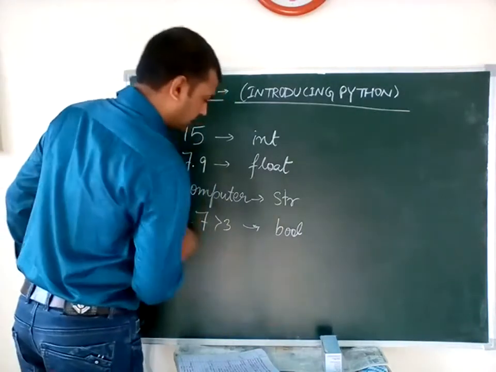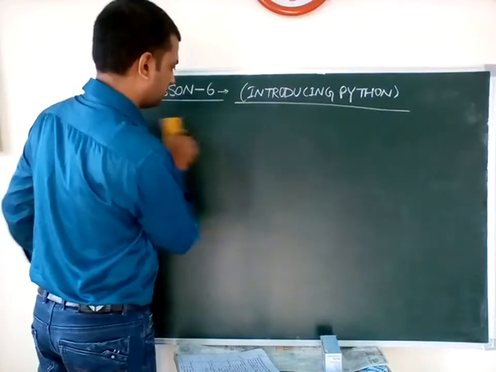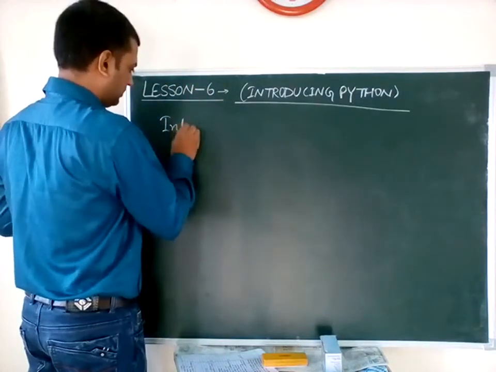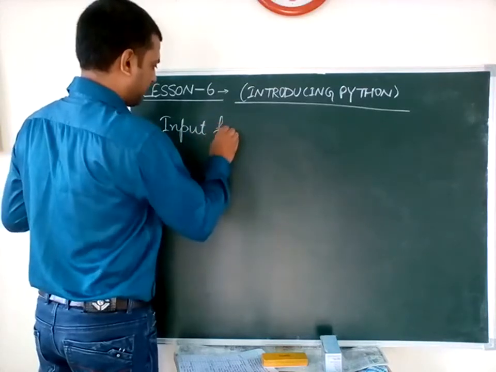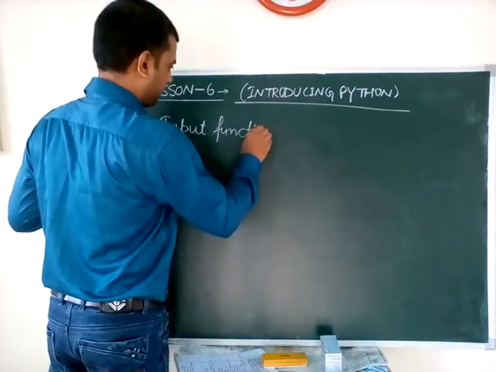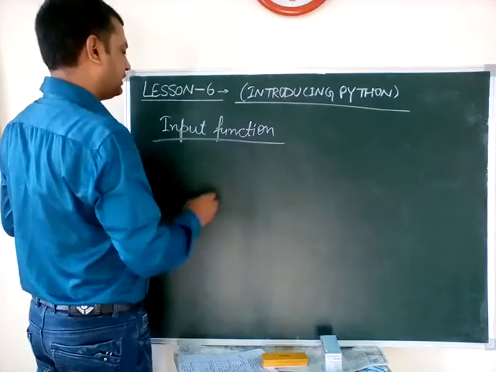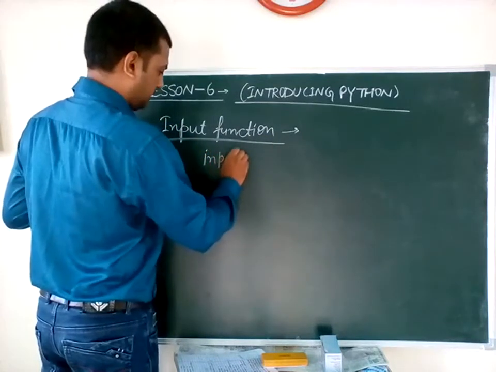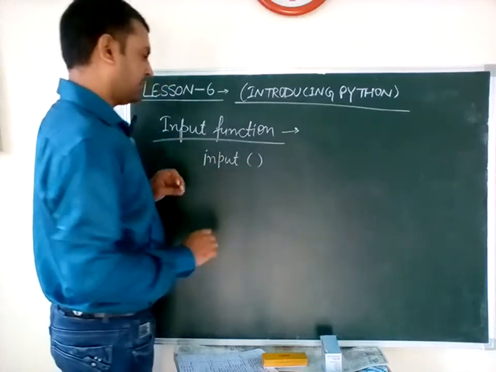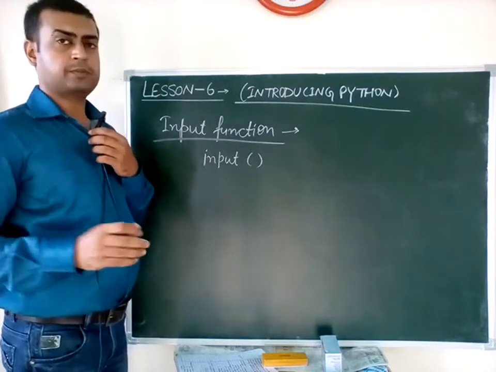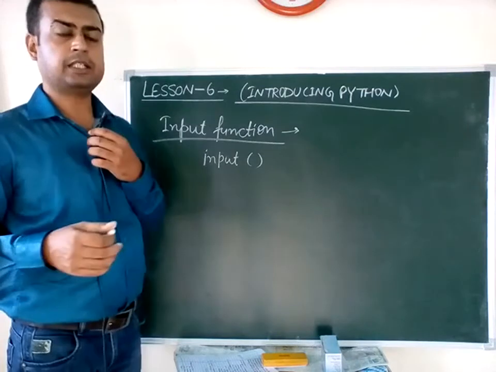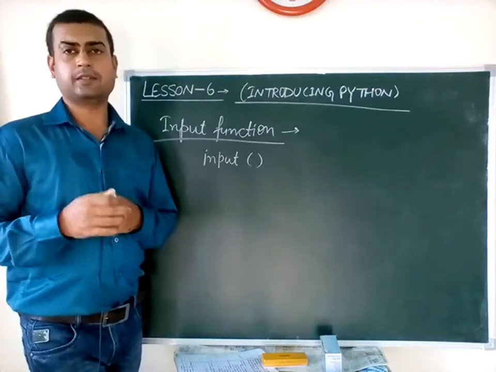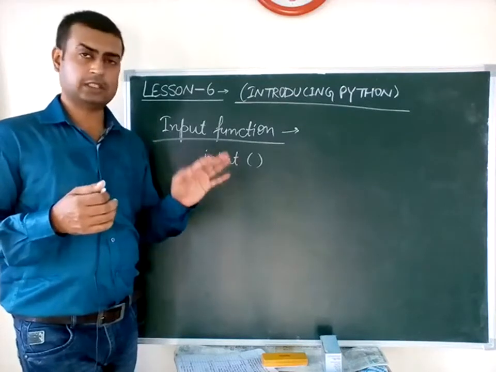Now the next is the input function. It's a format to write input and brackets. In this bracket we can use many arguments, meaning many different formats we can use to enter the value. We can use integer, float, or string also.